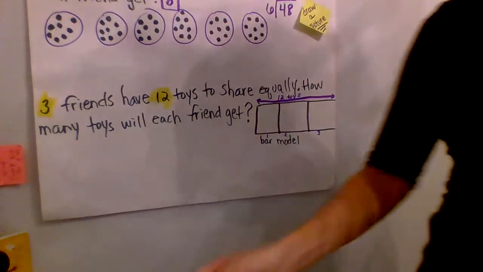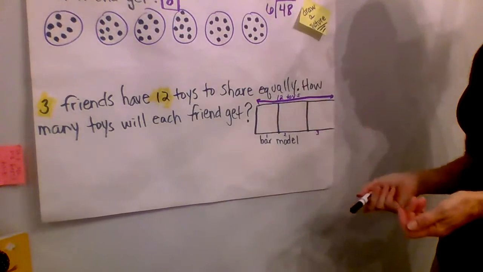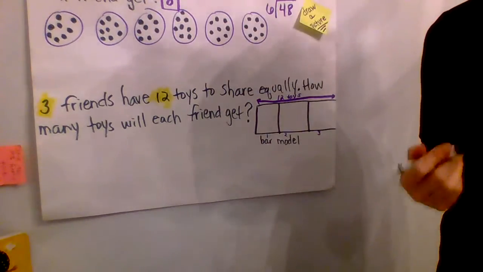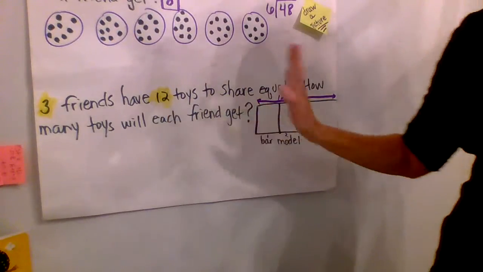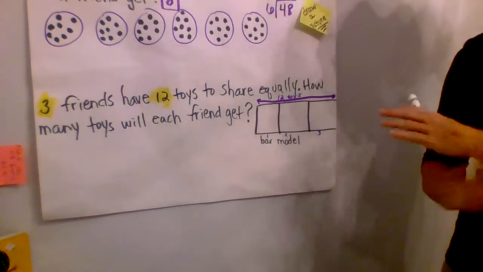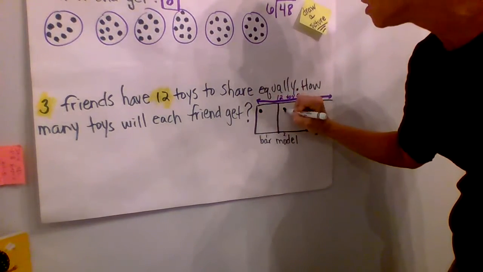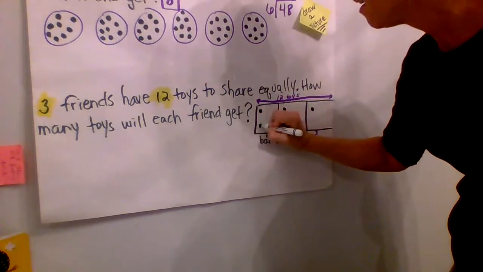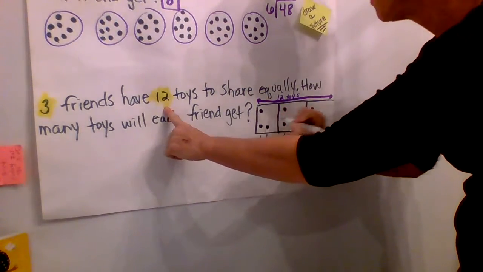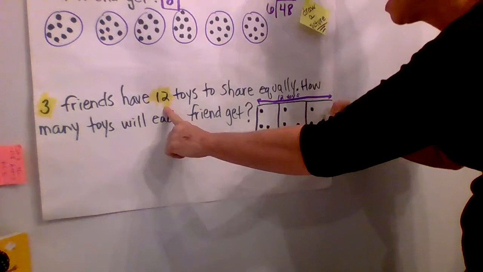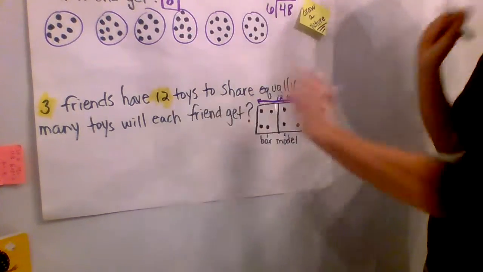So again, I could start drawing the toys equally in each box. In my mind, I know that 4 times 3 is 12, but I'm still going to just put 1 in each box till they're all gone, okay? So I go 1, 2, 3, 4, 5, 6, 7, 8, 9, 10, 11, 12.